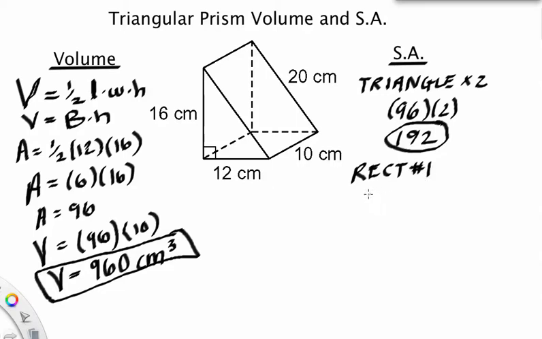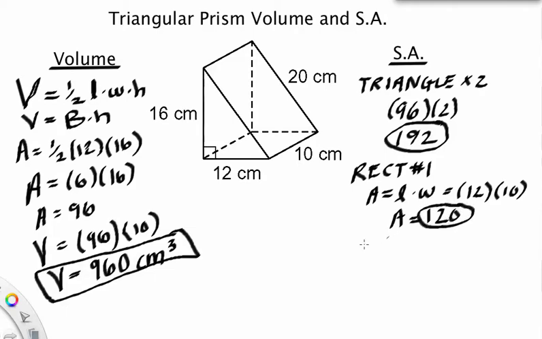And that's going to be area equals length times width, which is 12 times 10. Again, I love those numbers times 10 because all you have to do is add a 0 onto it. So the area of rectangle 1 equals 120. I'm going to circle that up. I need that for the end.